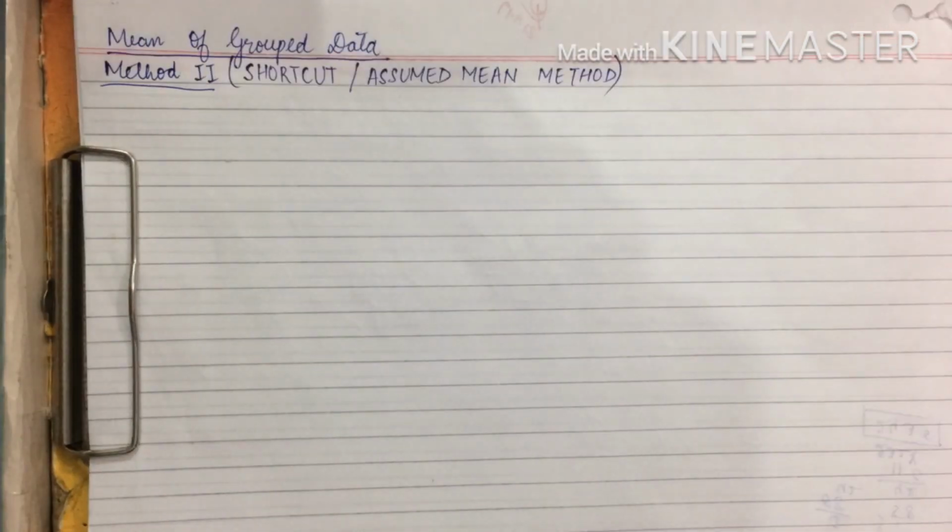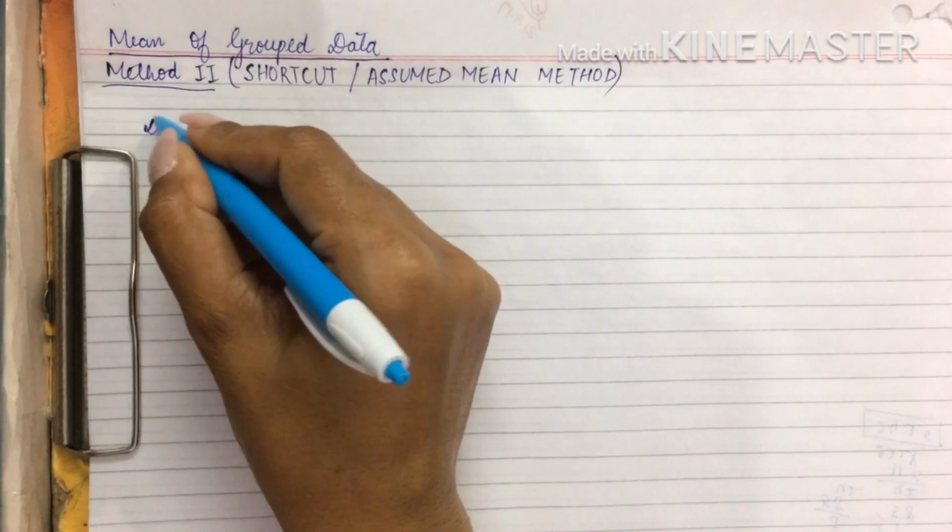Now let us do a question using the second method. If you had to find the mean of grouped data, the data which is in the form of class intervals, with the help of the shortcut method or assumed mean method, the second method that we have, we will be working with an example. Let us say you've been given the daily wages in rupees for some workers.